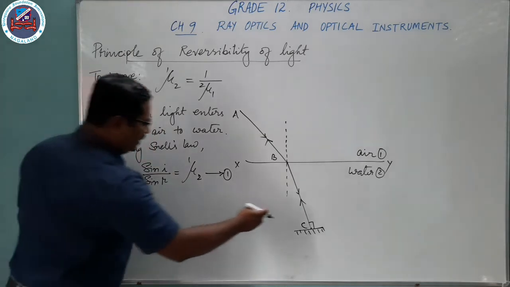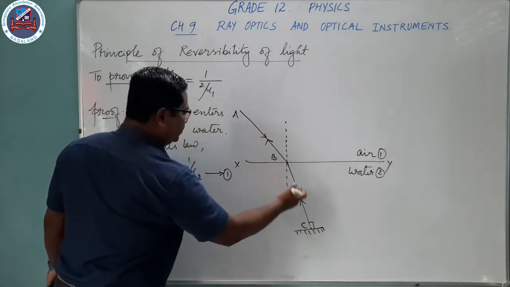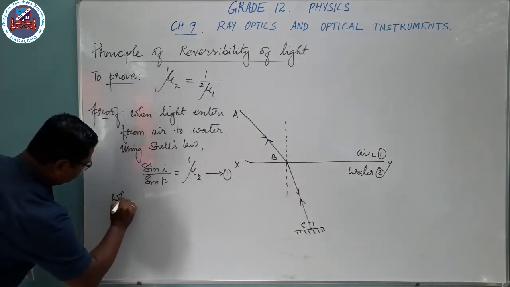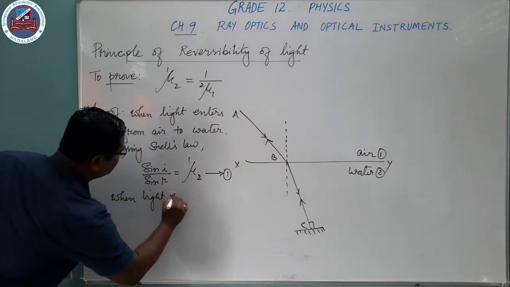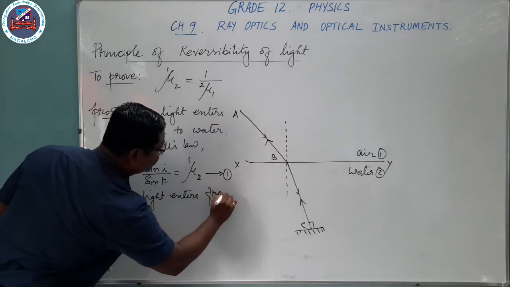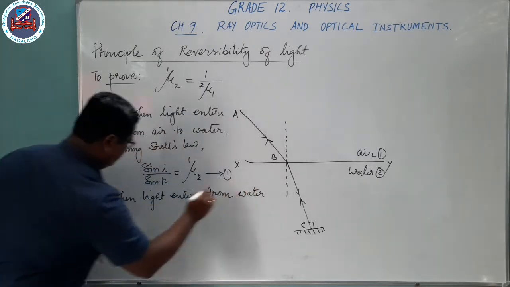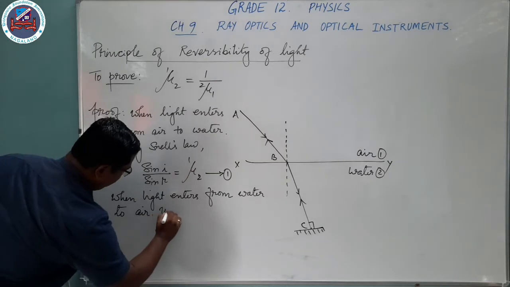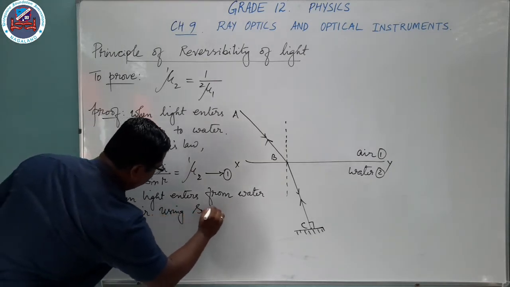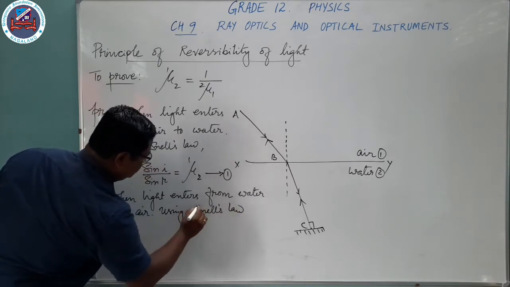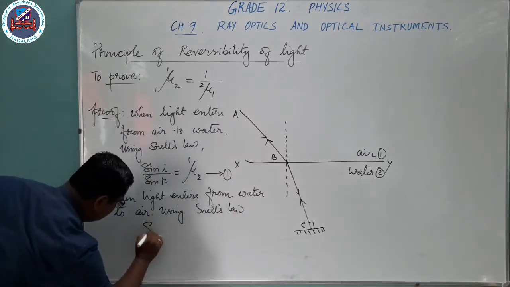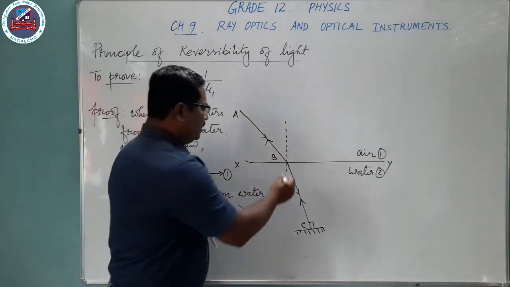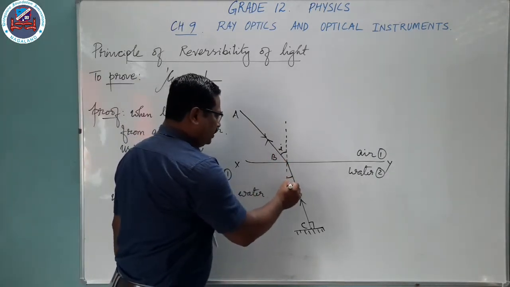In the same way, when light is reflected back by this plane mirror, the light is traveling from C to B, then from B to A. So when light enters from water to air, then here also, if you use Snell's law, you'll get sin r by sin i, where this is the angle of incidence and this is the angle of refraction.